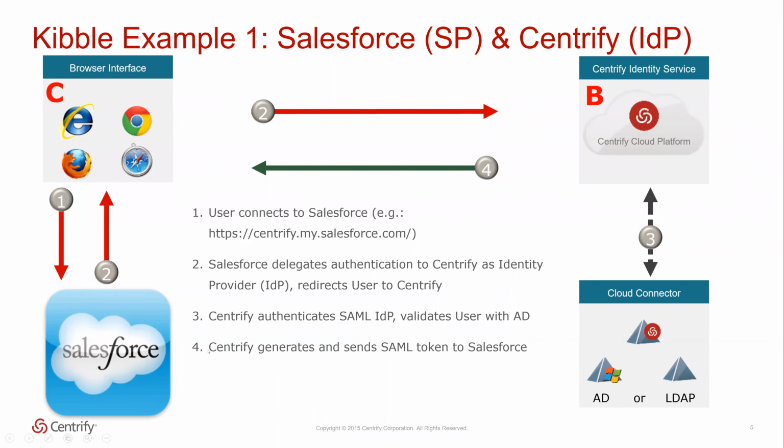Salesforce knows, because of pre-configuration, if you will, to validate the token and know that it is me trying to single sign-on into Salesforce. And because Salesforce trusts Centrify, and Centrify trusts me, Salesforce trusts me also, and lets me in.